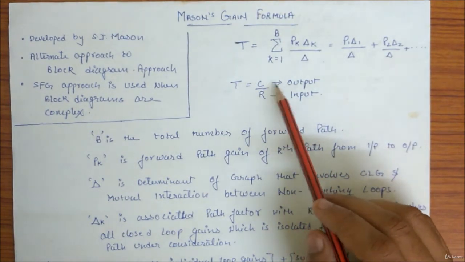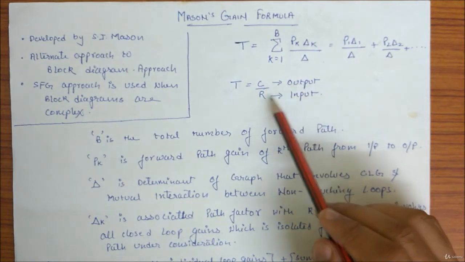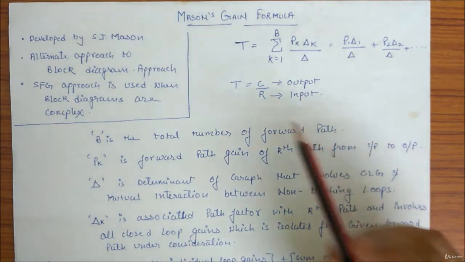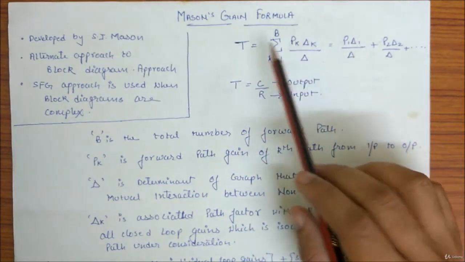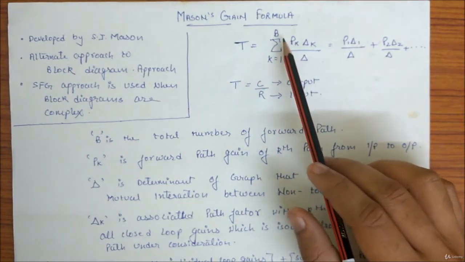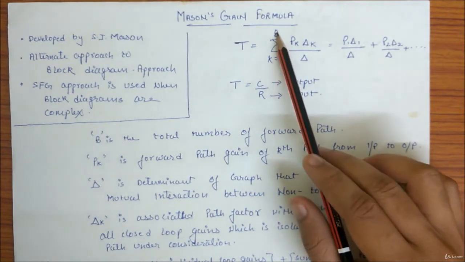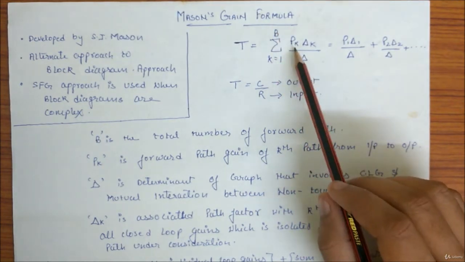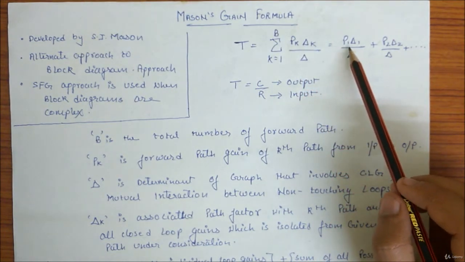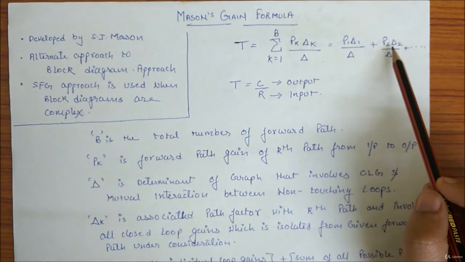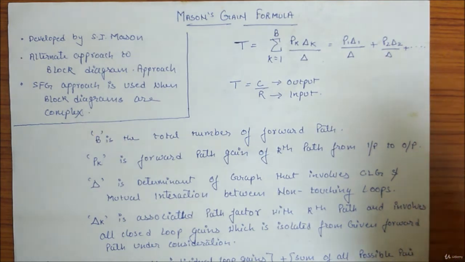Just remember the numerator will be the output and the denominator will be the input. Now T is defined as the summation of k equal to 1 to b of Pk del k divided by del. This can also be written as P1 del 1 divided by del plus P2 del 2 divided by del plus and so on.